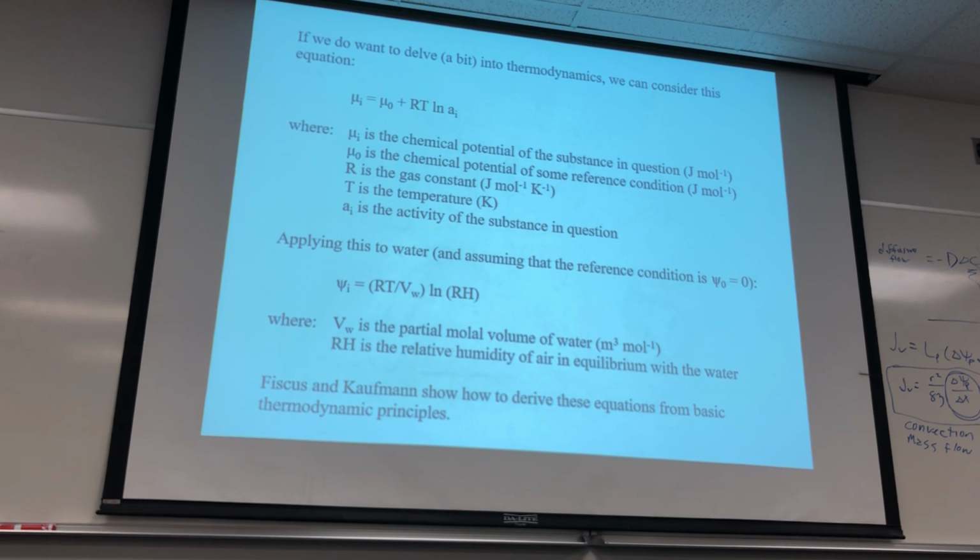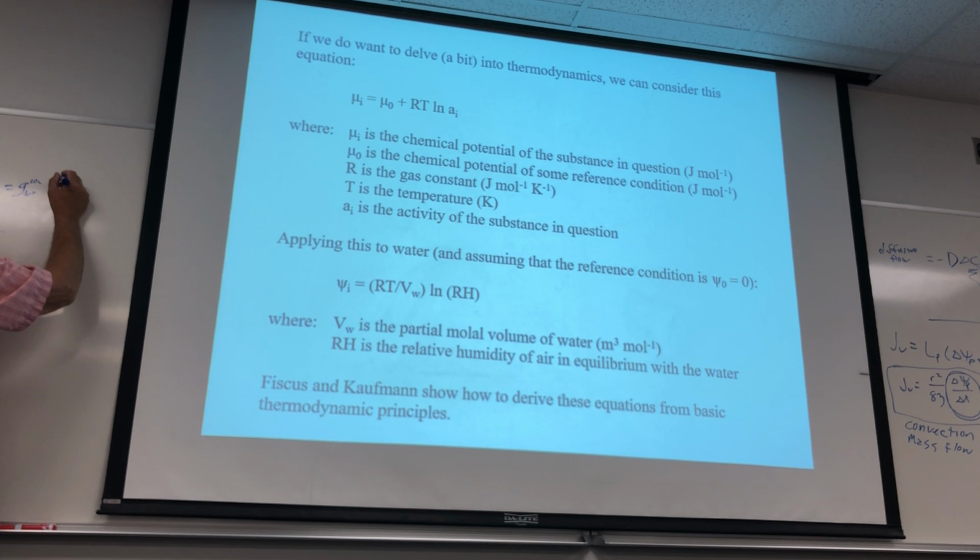And we can write equations for this that say net CO2 assimilation rate for the leaf is equal to the total leaf conductance for CO2 times the difference in partial pressures of CO2 between the air and the inside of the leaf.